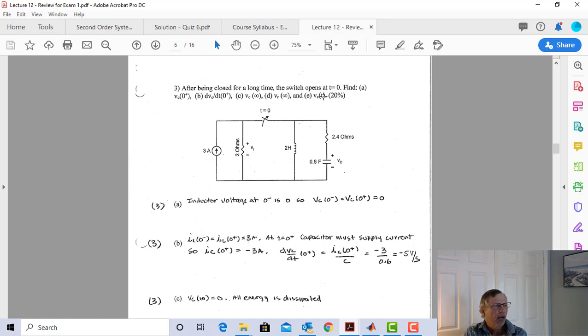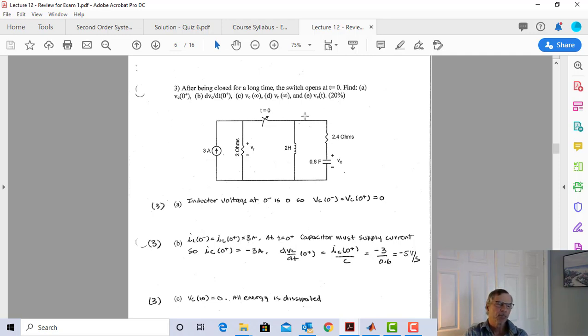So I am asked for VC of 0 plus. The switch was closed for a long time, and at t equals 0 minus, I had 0 volts here. And I know I have no current here at t equals 0 minus. So that means I have no voltage drop here.